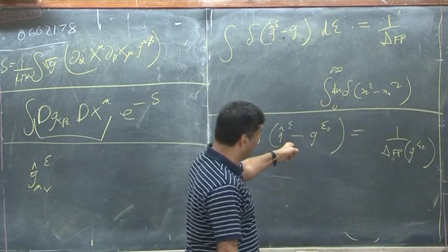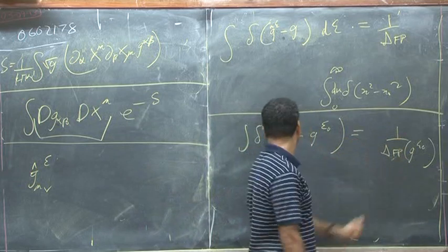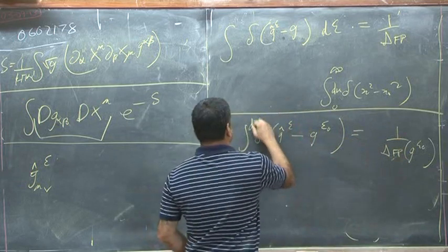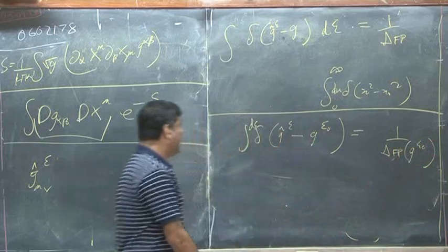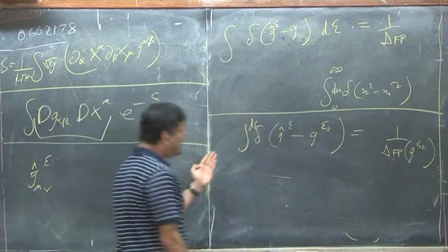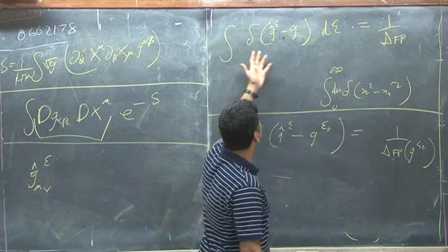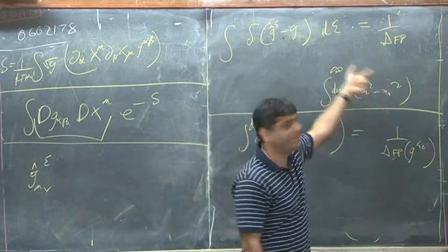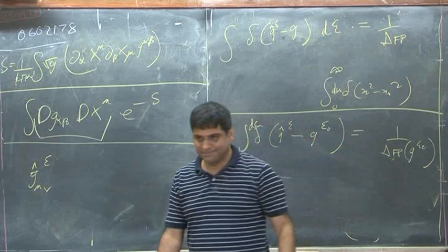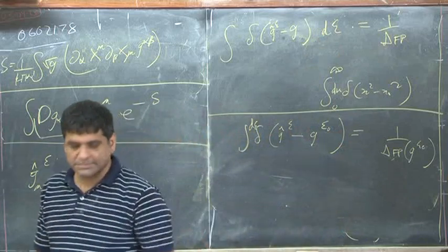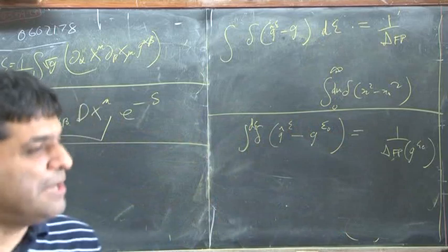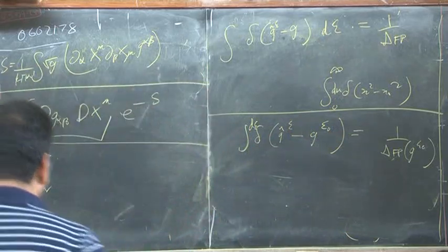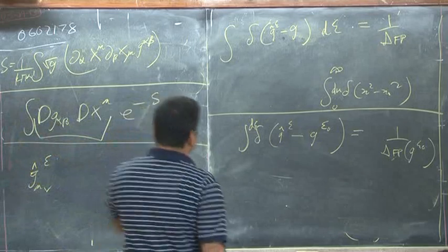So this, by definition, is one over the Faddeev-Popov determinant of g of zeta. But now, if we are able to do this formal integration over delta functions with a measure that's gauge invariant, and if we are able to define this delta function in a manner that is gauge invariant, then formal manipulations show that this does not depend on g.